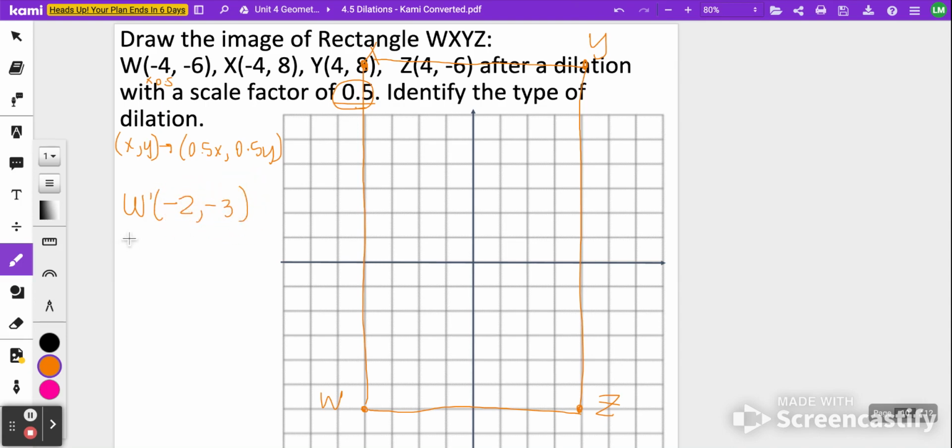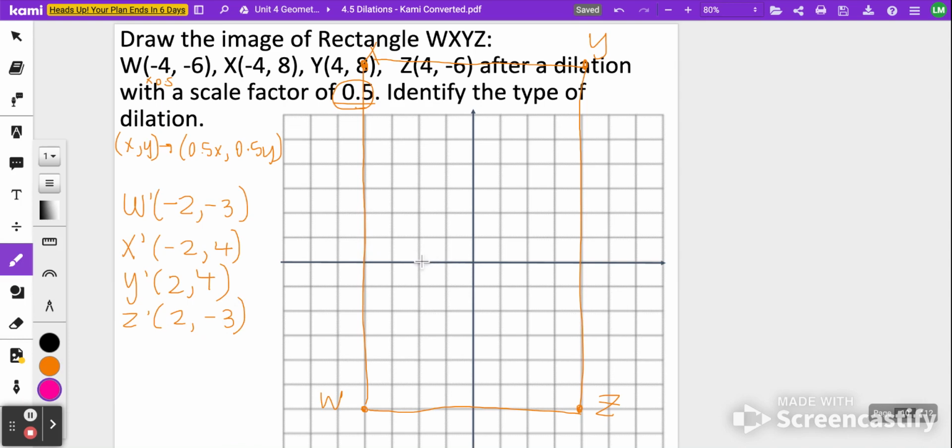What you're going to notice is that each of these is going to be cut in half. X prime, (-2, 4). Y prime, (2, 4). Z prime, (2, -3).